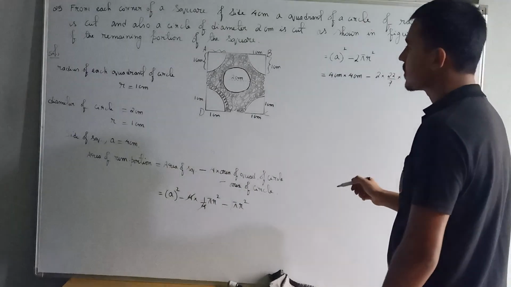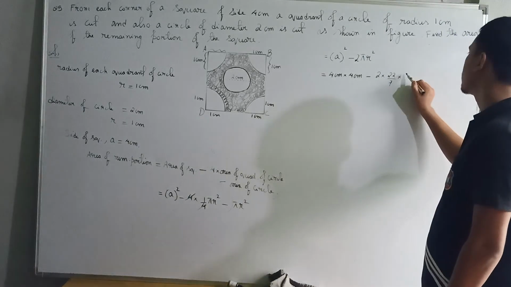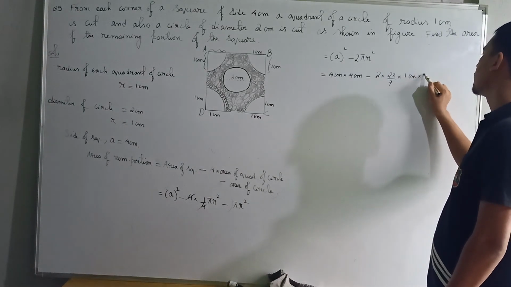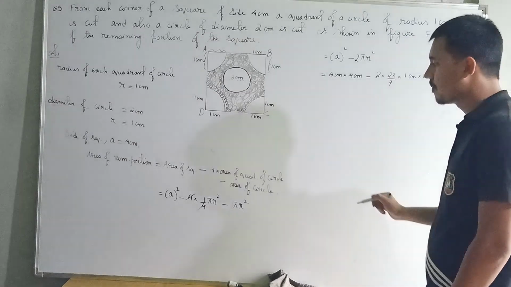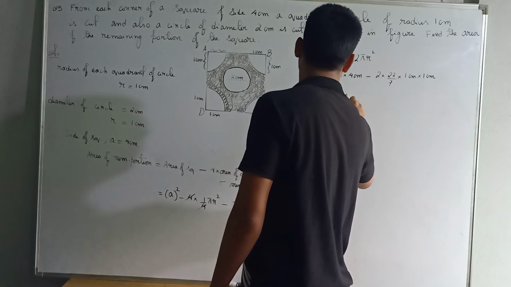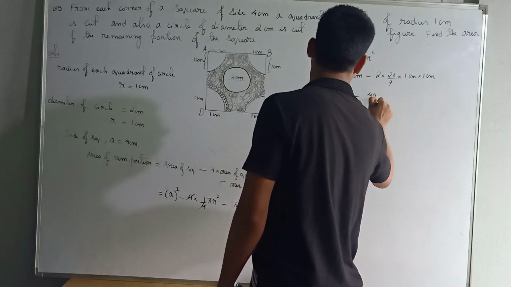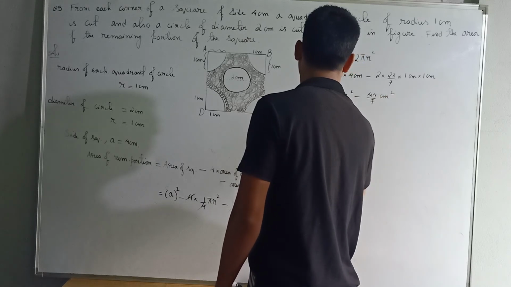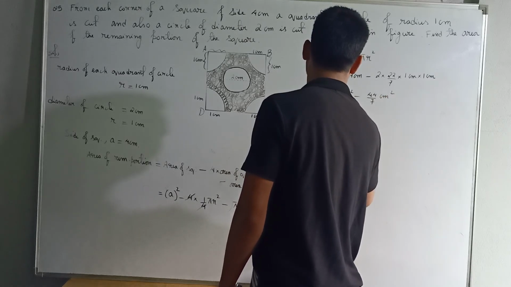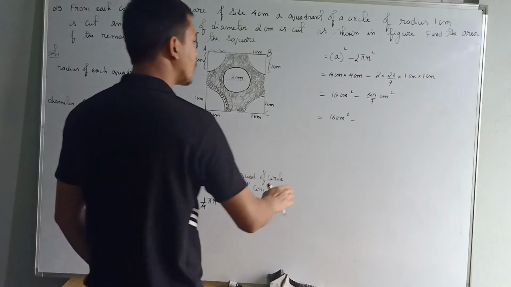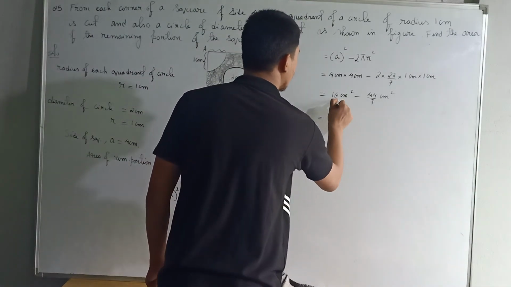The radius is given to be 1 centimeter, so radius square means 1 centimeter into 1 centimeter. 4 times 4 is 16 centimeters square, minus 44/7 centimeters square. So 16 centimeters square minus 44 divided by 7. We can take the LCM.